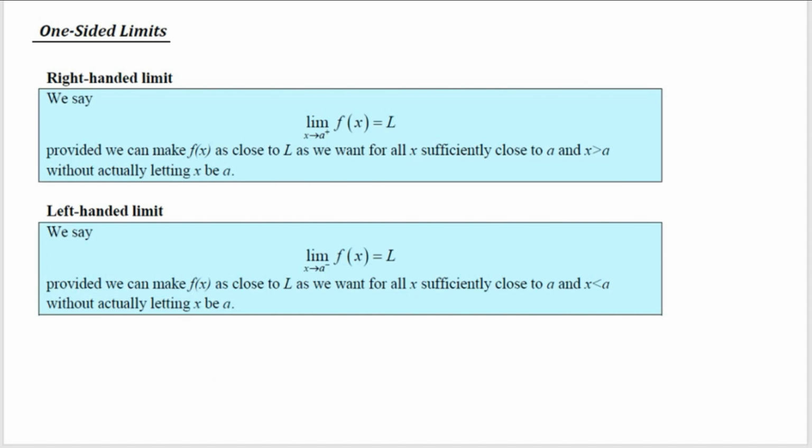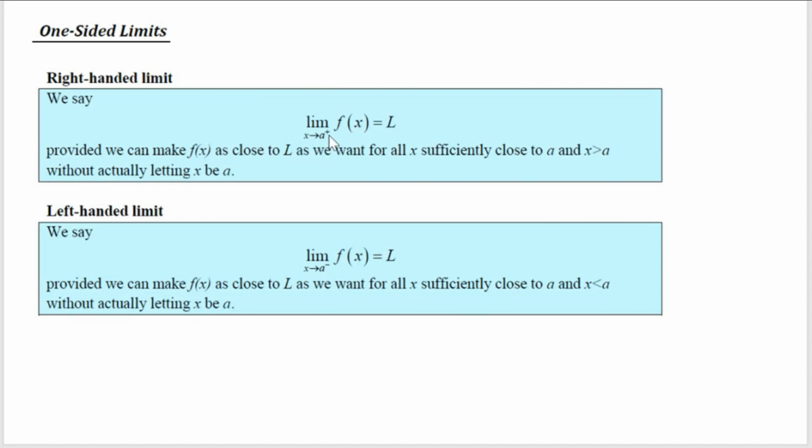Now, we are going to discuss the one-sided limits. When we say one-sided limits, we're referring to either the right-handed limit or the other side, which is the left-handed limit. Right-handed limit, we say that the limit of f of x equals L as x approaches a from the right.